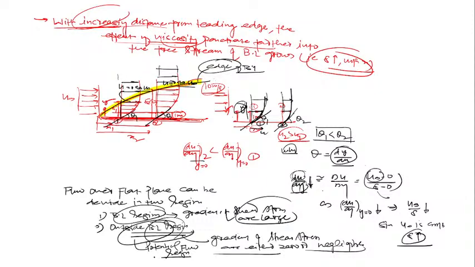Is this clear? No stress is there. This edge is an imaginary line that demarcates the two regions: outside that line the flow is uniform and there is no or negligible stress, and within that line there is the boundary layer region. Is this clear?